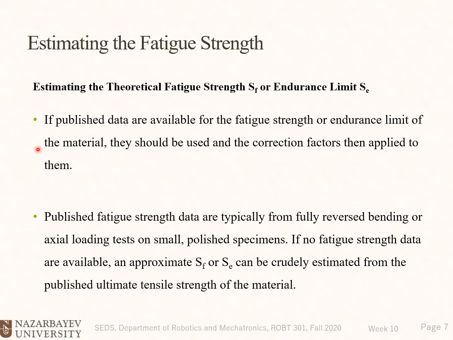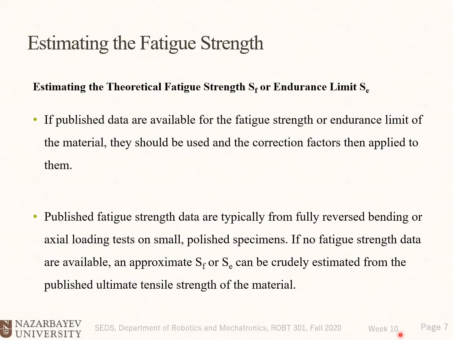So if we have access to the experimental data, we will use those experimental data. We don't use the estimation or the theoretical fatigue strengths. No, we'll go with the experimental because it has a better accuracy.